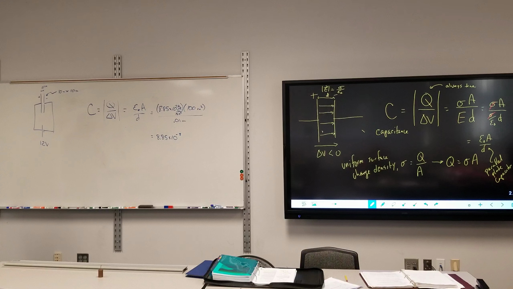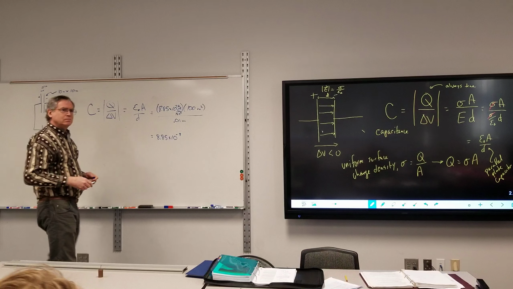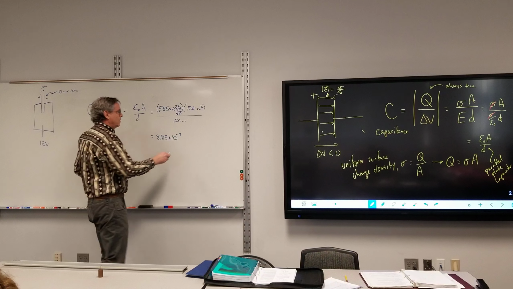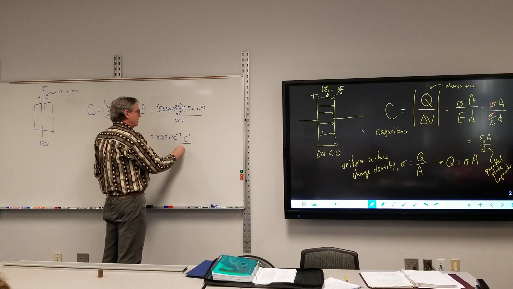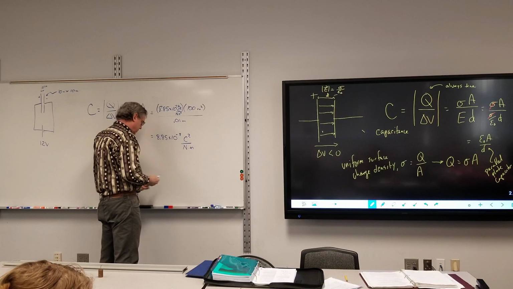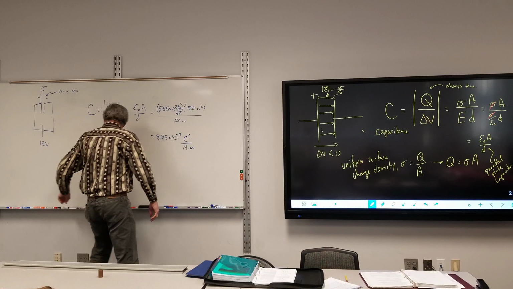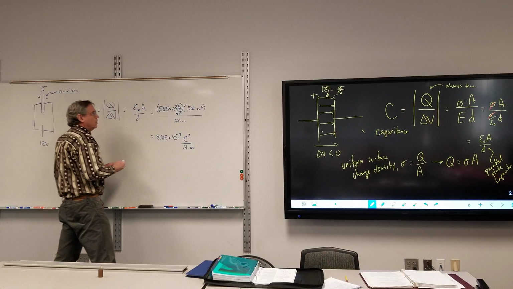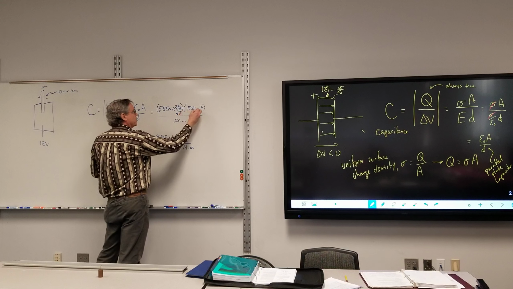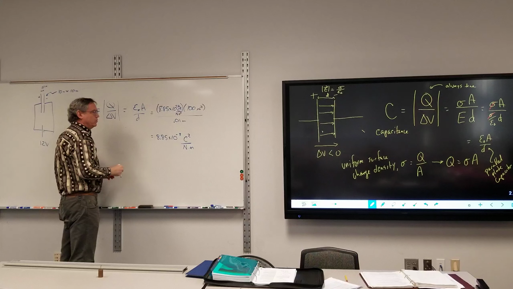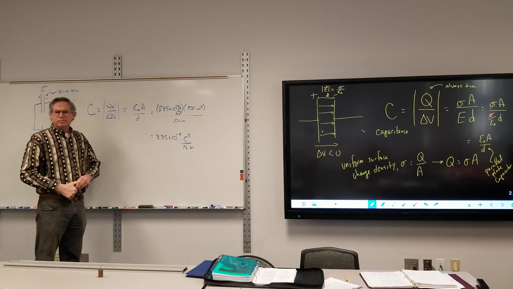That's for something else. Coulomb squared per Newton meter? Yes, there we go. Coulomb squared per Newton meter squared, and you cancel out the meters squared from the top and bottom, left with Newton meters. What is a Newton meter anyway?